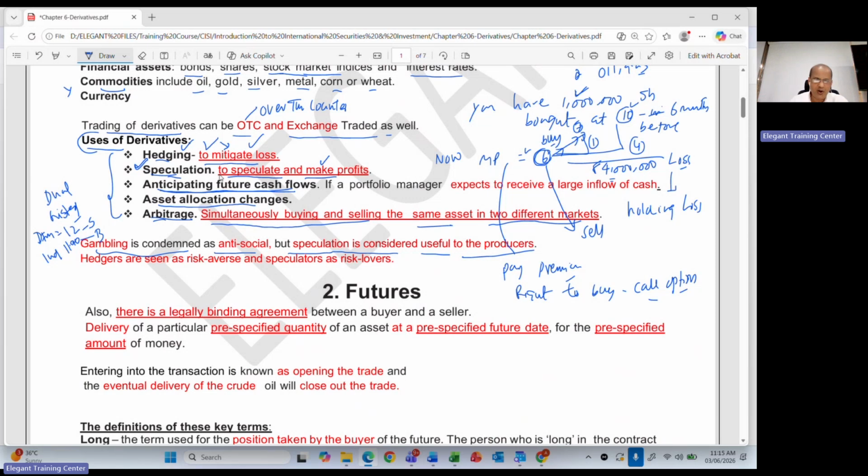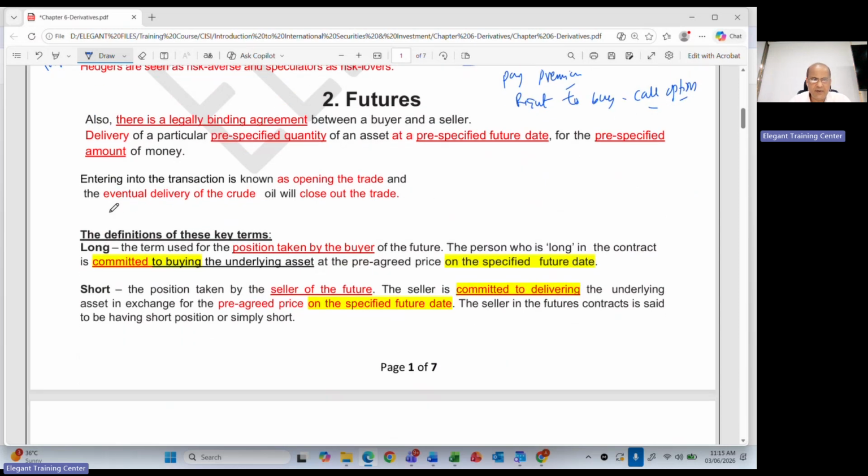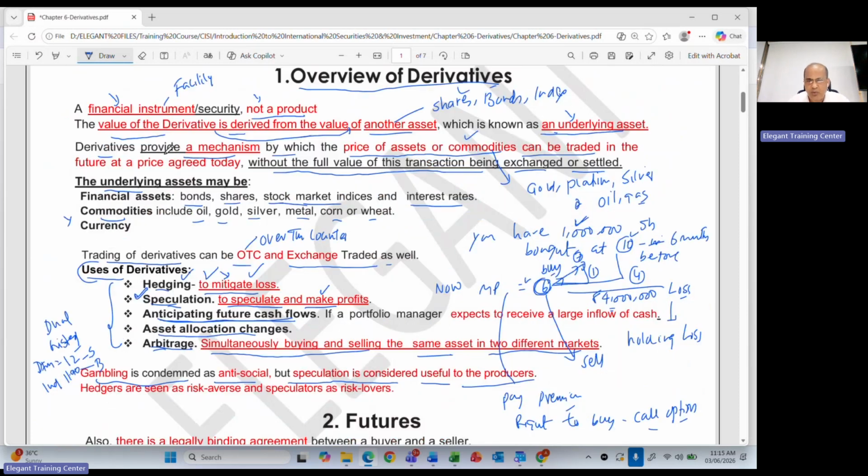If the cost is going up, they can buy derivatives to mitigate the loss. Okay, then this is all about the general overview of derivatives, and we are going to discuss in detail going forward.